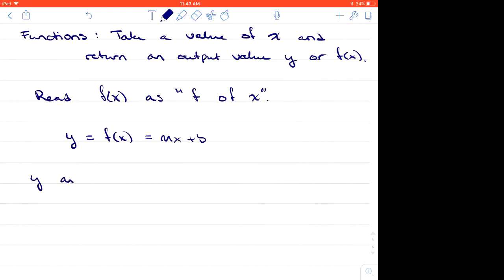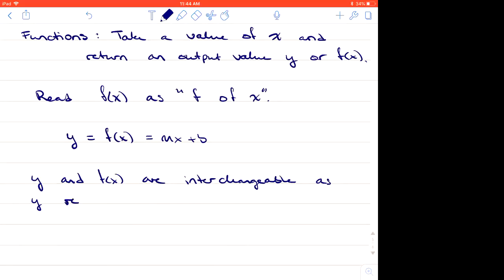Y and f of x are interchangeable, as y requires a value of x to be solved. We have to put in some value of x to solve for y.